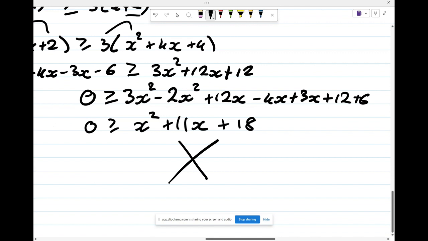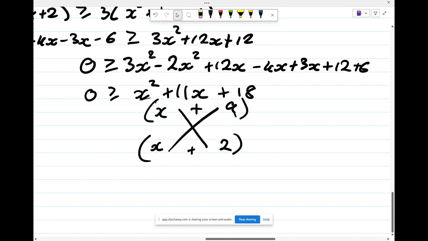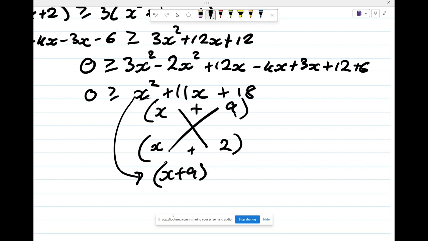So x times x is going to be x squared, 9 times 2 is going to be 18, and how are we going to get to plus 11? We're just going to do 9 plus 2. So they're both positive. The factors here are x plus 2 and x plus 9. So this can be rewritten as x plus 9 and x plus 2, and all of that is less than or equal to 0.